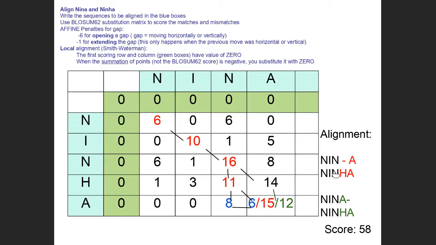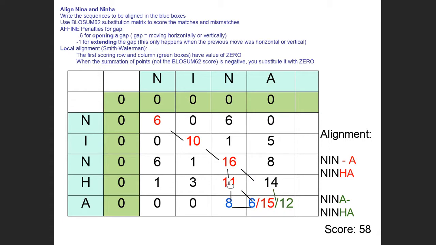So N and N align, and then the H is the one that doesn't get anybody, because this N is already married to this N, and each letter can only match one. So this N cannot also match H. That's why there is that gap there. It corresponds to this going vertically.